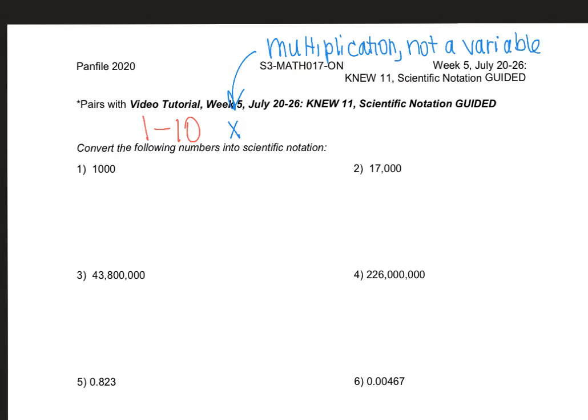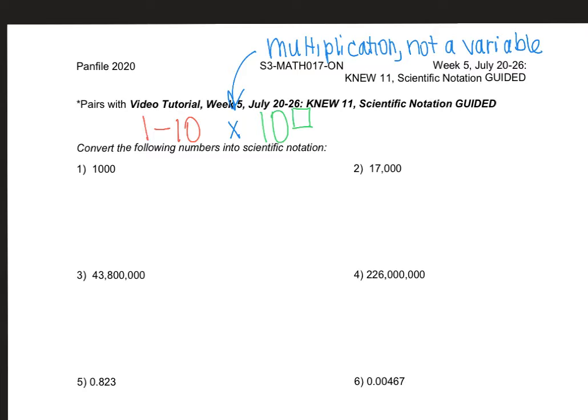We've used it as a variable the whole time this semester, but we're going to use it as multiplication here. And then it's 10 to an exponent. That's really the only way it fits into this course and this section this week, because we do touch on exponents in the next video for a quick second again.